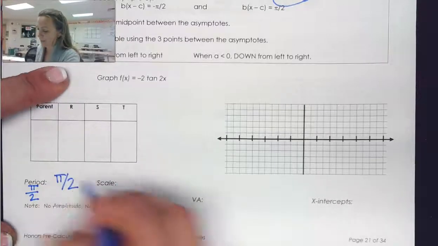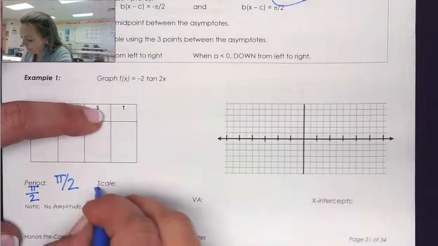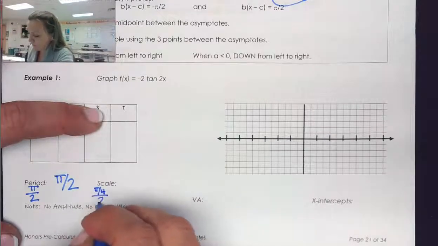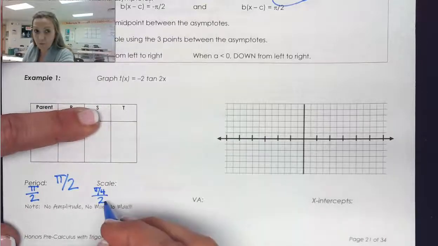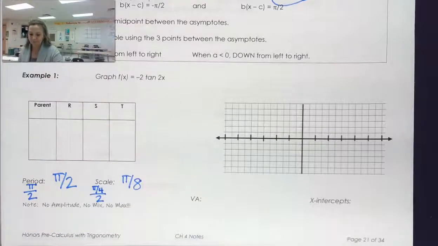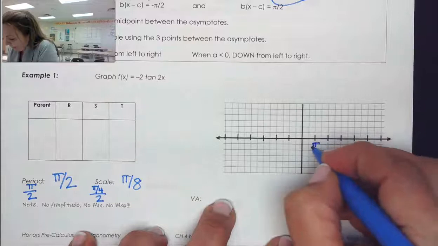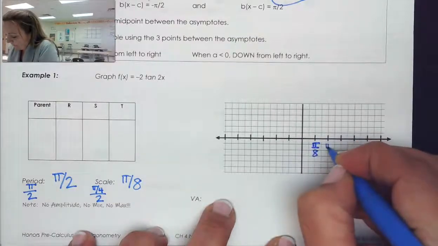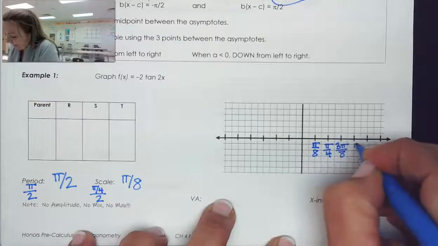Our period is going to be pi over 2. Our scale is going to be pi over 4 over 2. And so pi over 4 over 2 will give us a scale of pi eighths. So what that tells me is that on the graph, I'm going to make my x-axis go by pi eighths.